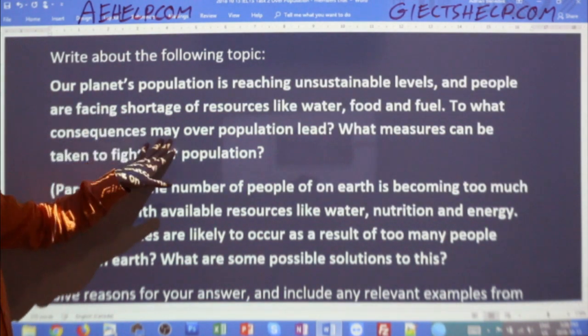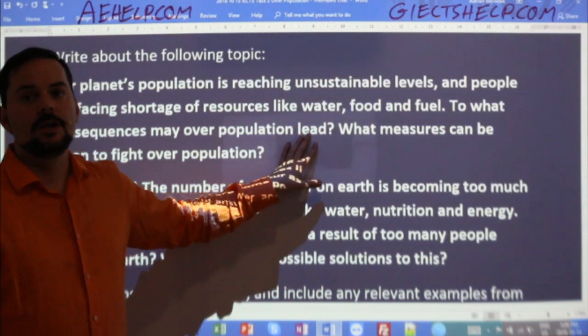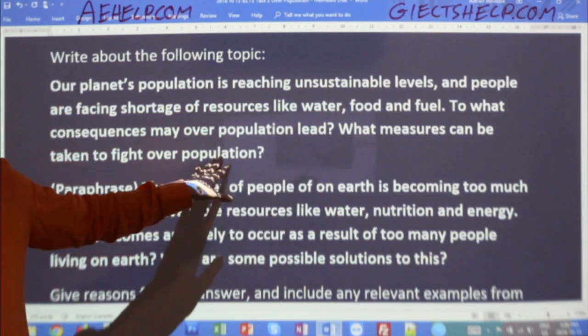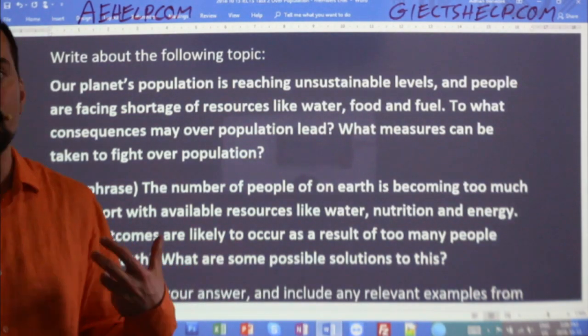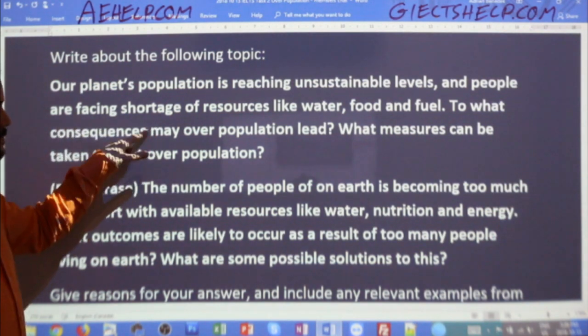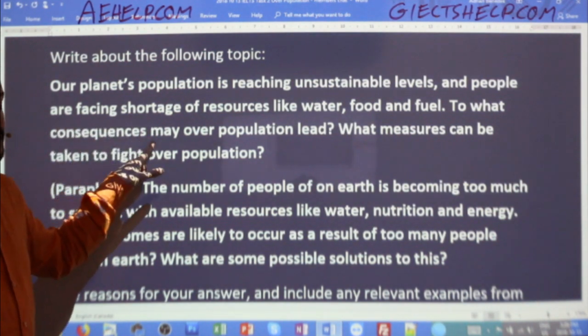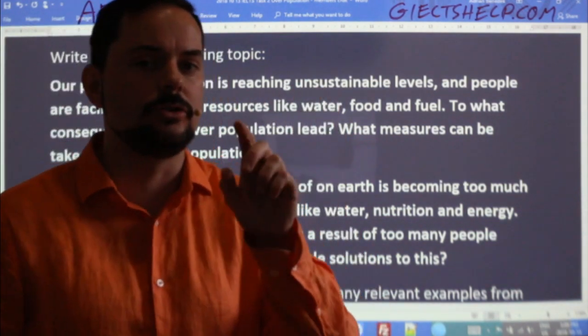What consequences may overpopulation lead to, right? So Rahul, you're much, much closer to the right controlling idea. It's the effects or the results, okay? And consequences also means it's probably something negative, all right? So here you really have to dial yourself into the question.